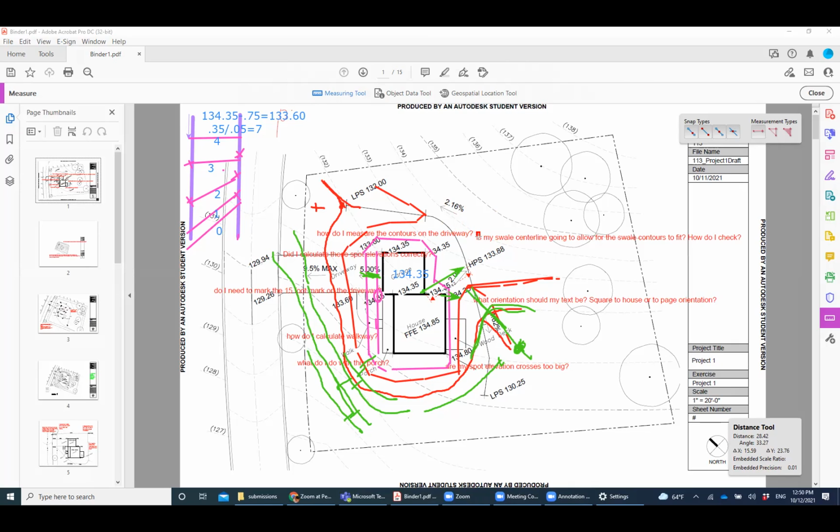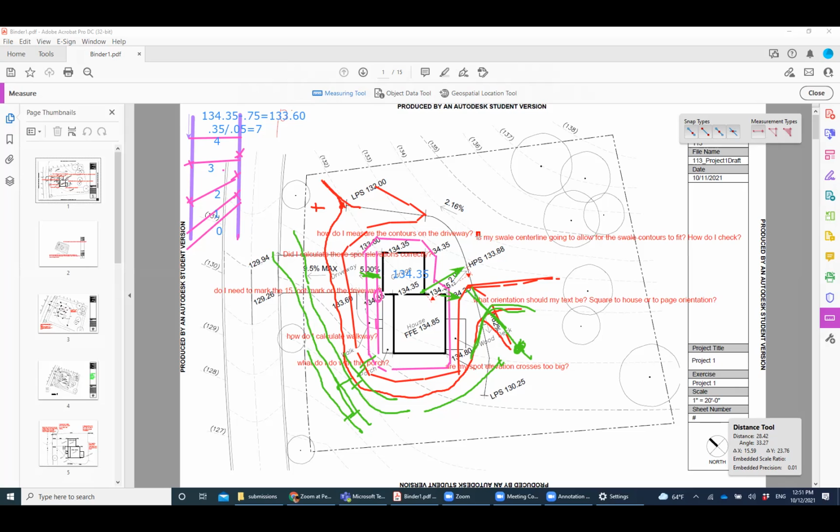So for that slope problem with that corner that connects to the garage and the house, you're saying that slope is possibly not in the correct range? Yes, that's possibly lower than 2%. And you think that I should lower the house FFP? Yeah, lower the HPS. Lower the HPS.